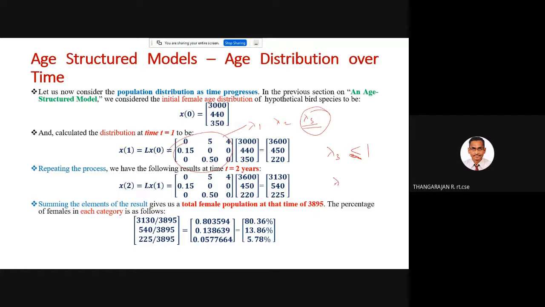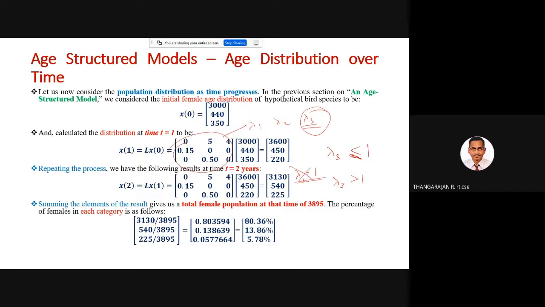Whereas if lambda 3, the dominant value, is greater than 1, then the population will keep on increasing. If the lambda value is equal to 1, then the population will remain constant. But this never happens.